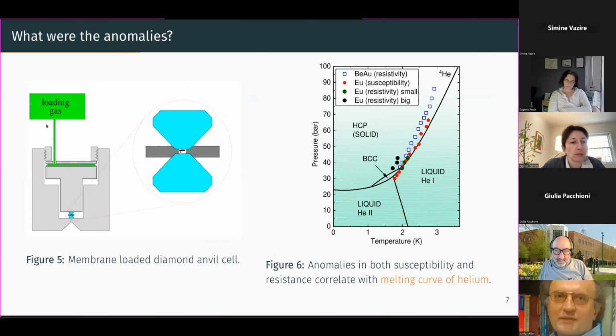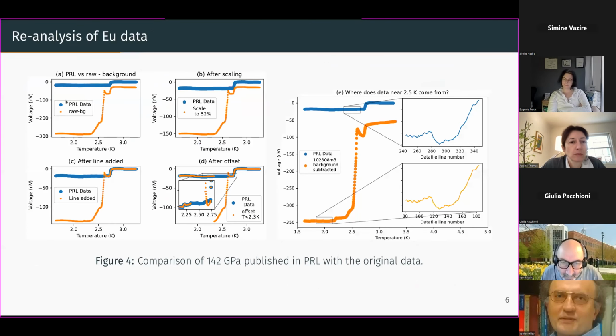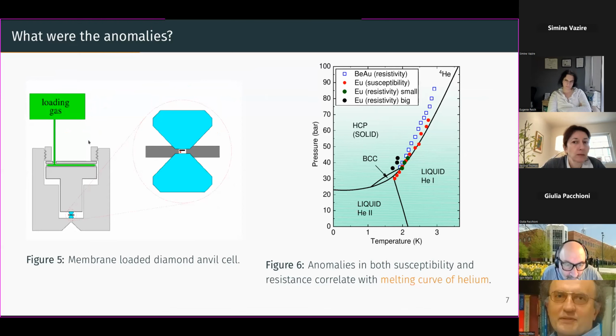Well, at high enough pressure of the gas, the helium in here at low enough temperatures can freeze. And what my postdoc Isaiah Lim recognized was that some anomalies he saw in beryllium gold matched very well the melting curve of helium.